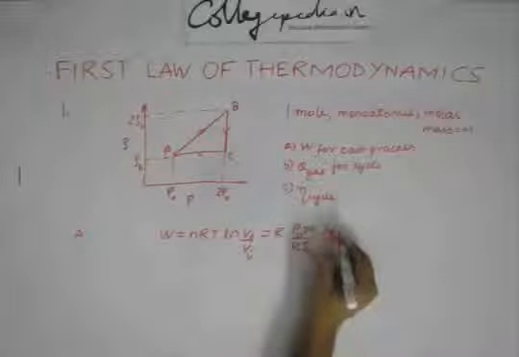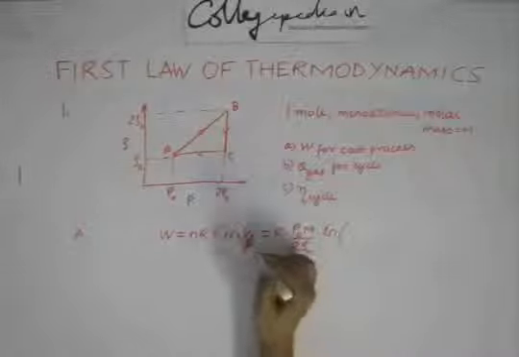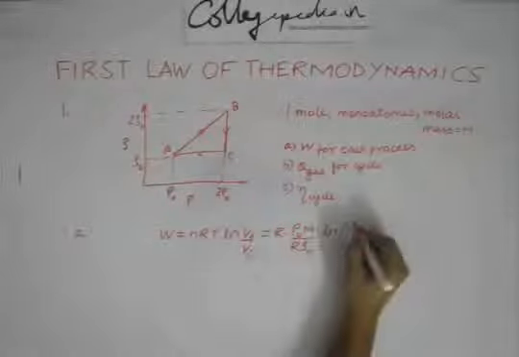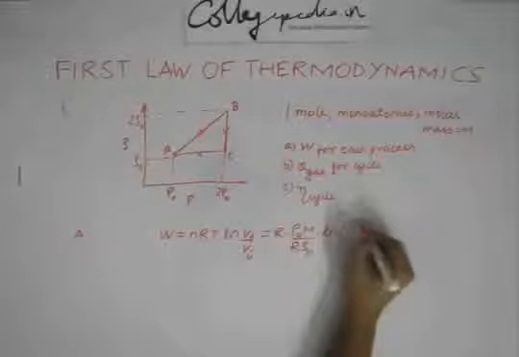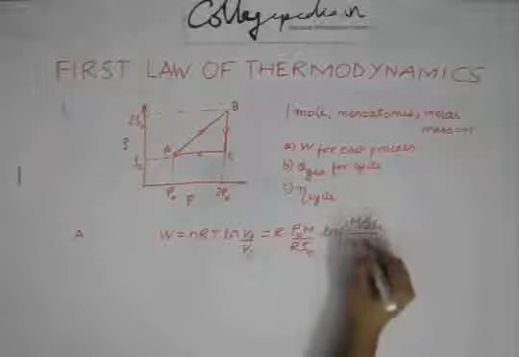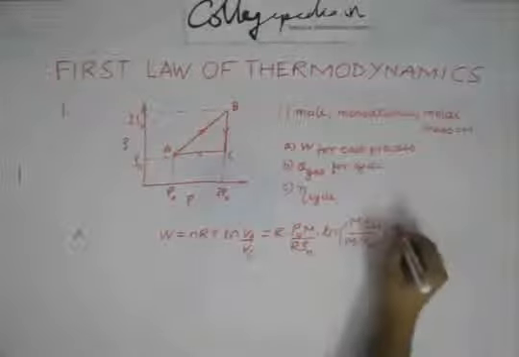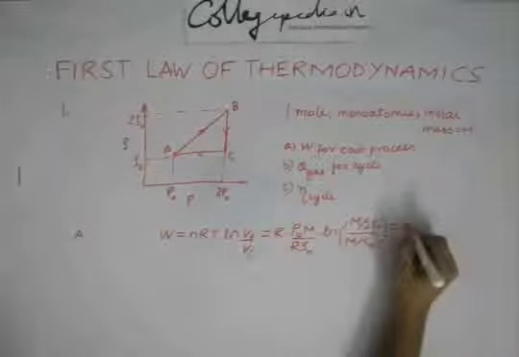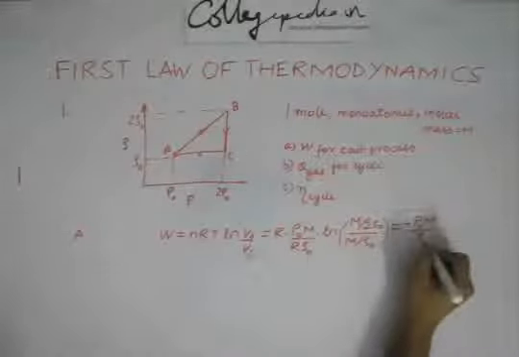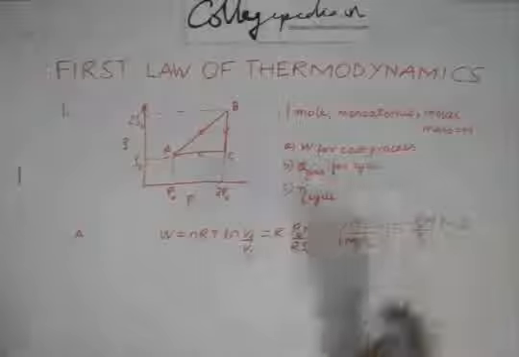This gets multiplied with the ln of final volume by initial volume. Our final volume was M by 2 rho naught. Our initial volume was M by rho naught. This will give us minus P naught M by rho naught ln 2.